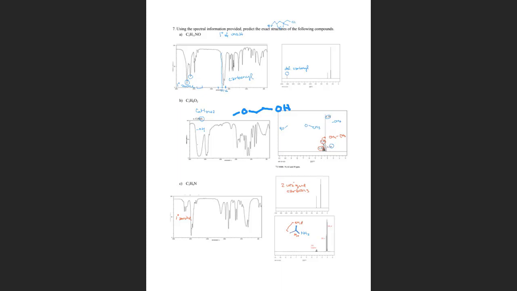So, okay. Do we have any? Oh, okay. So primary amine, that's one thing we know. So primary amine has to be at the end of the molecule, right? So we have primary amine connected to something, and we have some kind of carbonyl in the middle. Or not in the middle necessarily, but somewhere in the molecule.